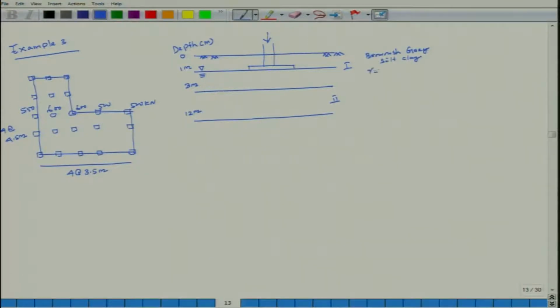Here gamma is given as 19 kilonewton per meter cube, Cu is equal to 35 kilonewton per meter square, Cc by 1 plus E0 is equal to 0.06. Let me extend this one also.